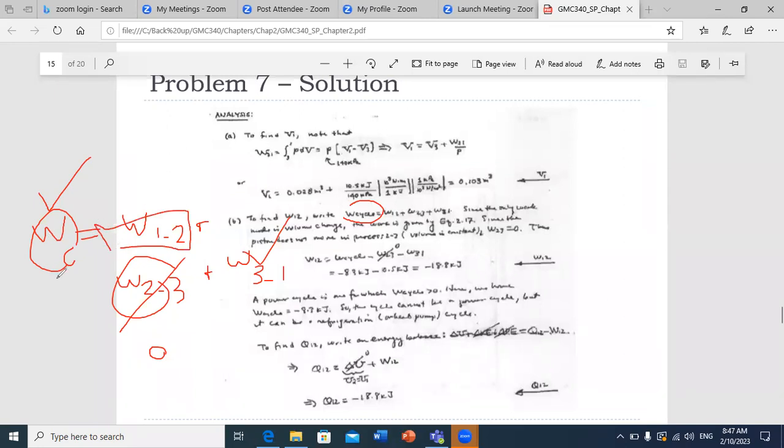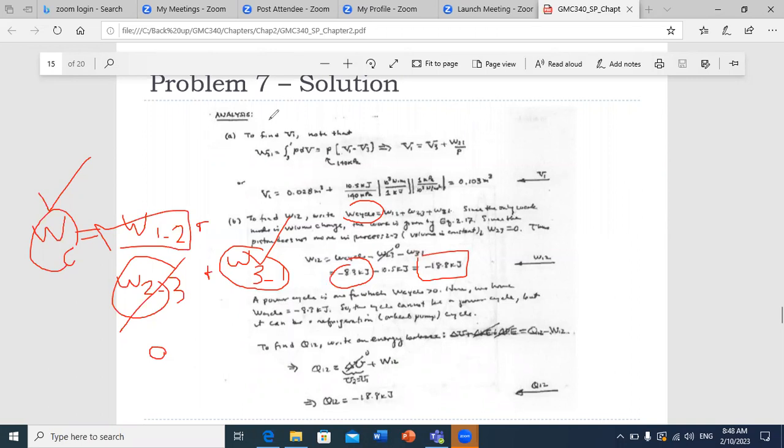Since they gave us that W cycle is negative, we replace it by a negative value, and W31 is positive, it's plus 10 to the power 5, because it's expansion produced by the system. So this equation will allow us to calculate the work between 1 and 2. And as expected, we'll get a negative result.